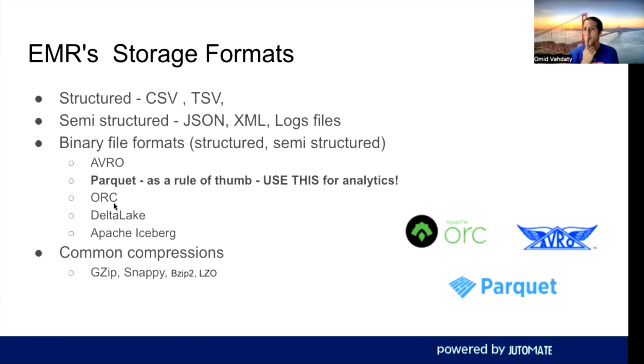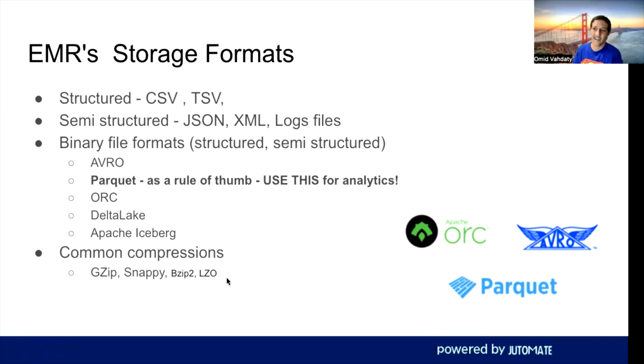If you're not sure which storage format to use, as a rule of thumb, use Parquet and gzip. Why use another compression? Because each compression may compress more or less based on your data, because they have different algorithms for compression.